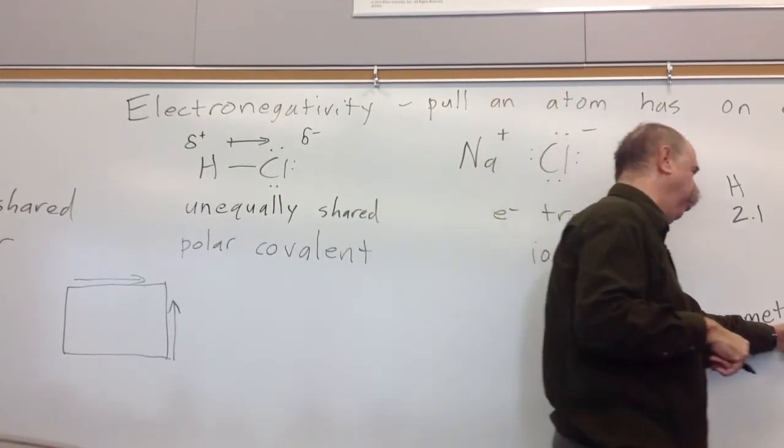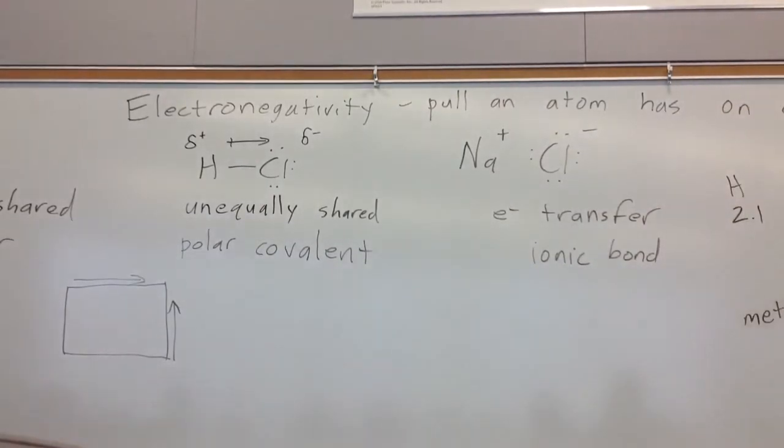Metals are less than 2.0, non-metals are greater than 2.0. What do you think metalloids are? 2.0. Is that an easy way to keep track of the three main groups of the periodic table? Metalloids, metals, non-metals.